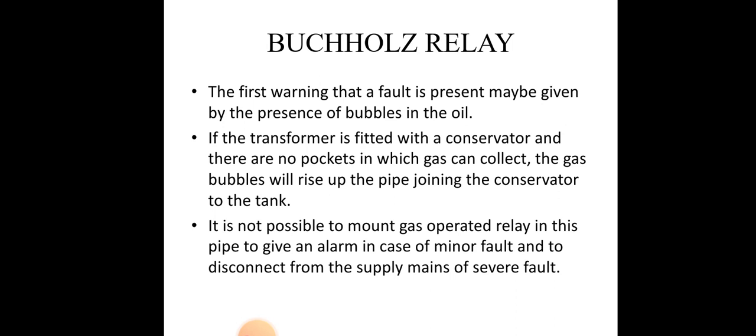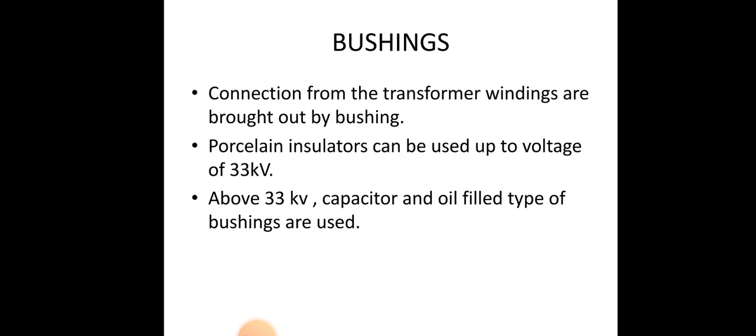If the transformer is fitted with a conservator and there are no pockets in which gas collects, the gas bubbles will rise up the pipe joining the conservator to the tank. So it is possible to mount a gas operated relay in this pipe to give an alarm in case of minor fault and to disconnect the supply in case of a severe fault.